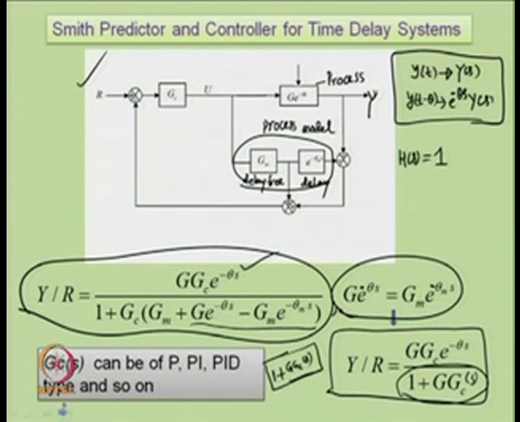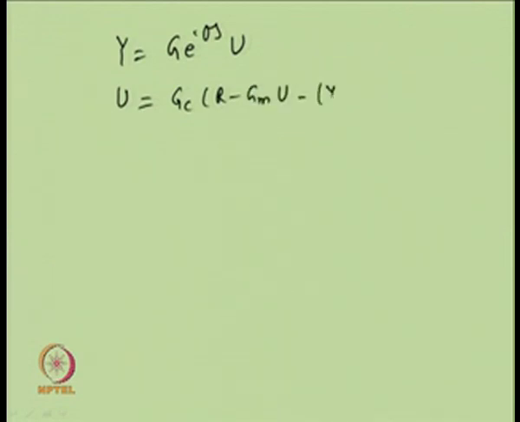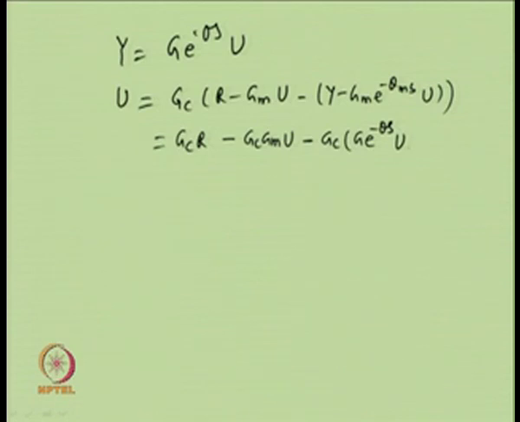Using this information, Y equal to G e to the power minus theta s u, and again u equal to G C r minus G C G m u minus G C y minus G m e to the power minus theta m s u, equal to G C r minus G C G m u minus G C G e to the power minus theta s u minus G m e to the power minus theta m s u.